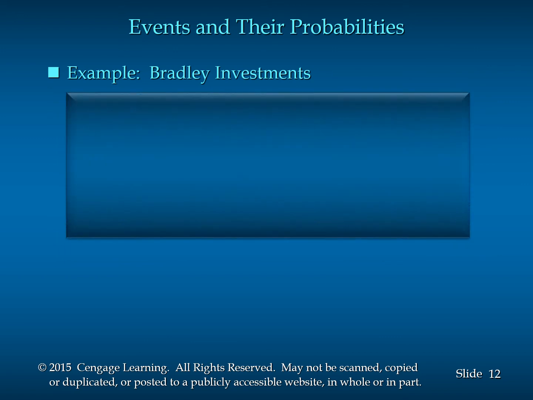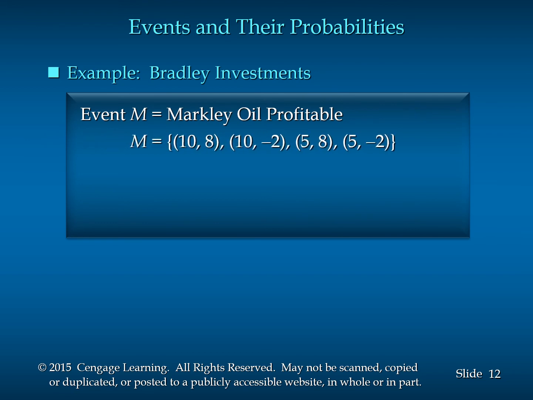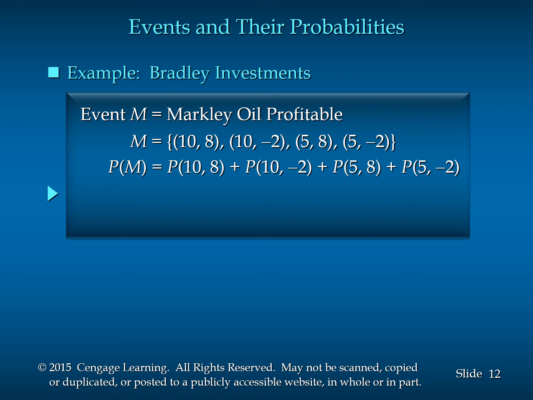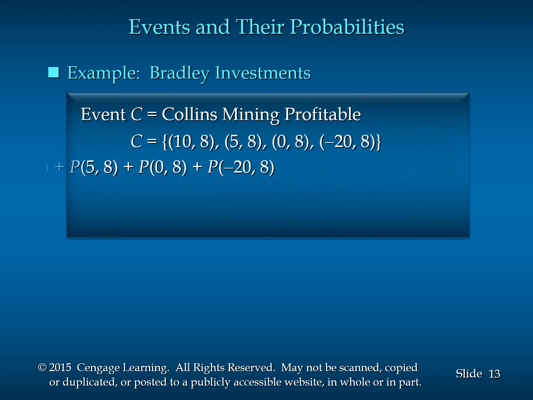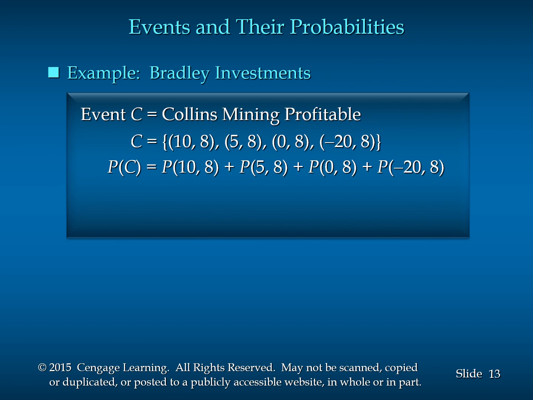So looking at the previous data for investments, the probability of oil stock being profitable is equal to the sum of the probabilities of each of the occurrences where that oil stock makes money. Similarly, with the mining stock, the probability for profitability is equal to the sum of each of the occurrences where the mining stock was profitable.